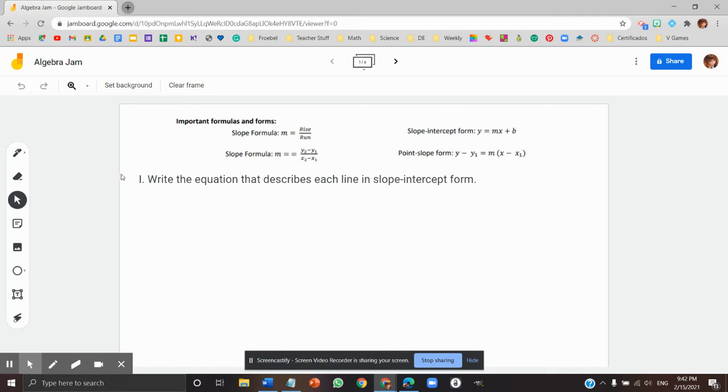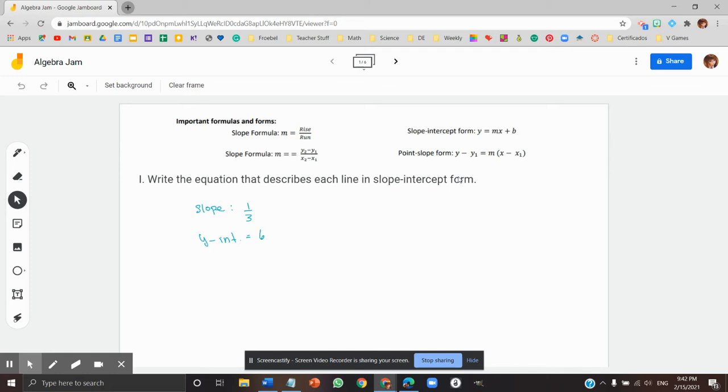The first part says, write the equation that will describe each line in slope-intercept form. So this is just an example. Let's say that I give you a slope of a third. And then I give you the y-intercept, and I tell you that that is 6.